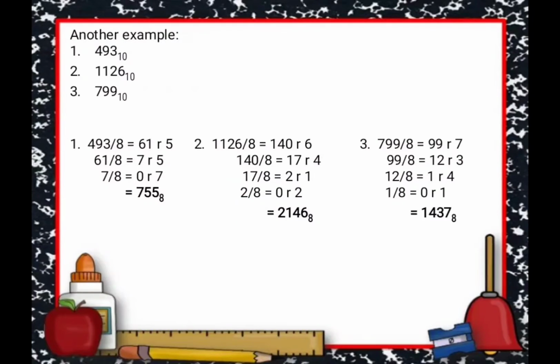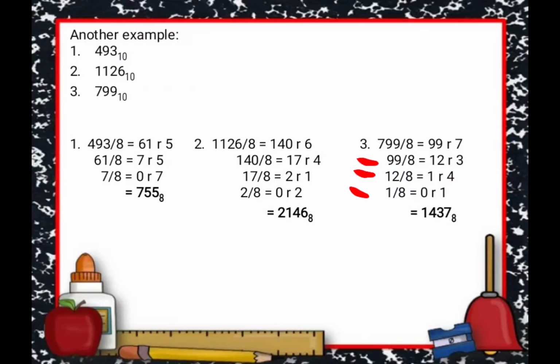So let's have example number 3. 799 decimal number, convert it into octal number. So here 799 divided by 8, we have 99 with a remainder of 7. 99 divided by 8, we have 12 with a remainder of 3. 12 divided by 8 is equal to 1 with the remainder of 4.